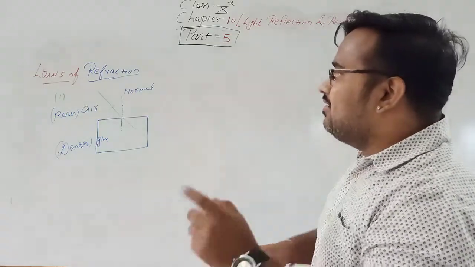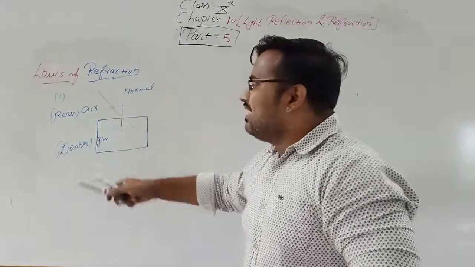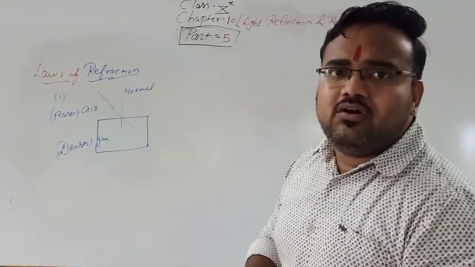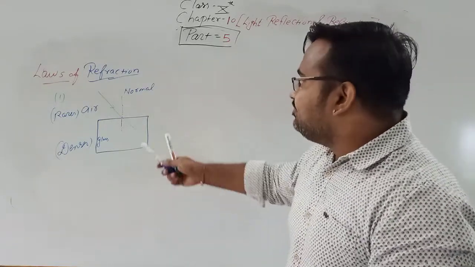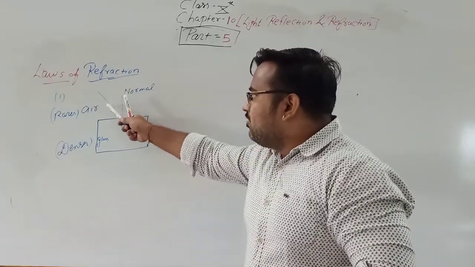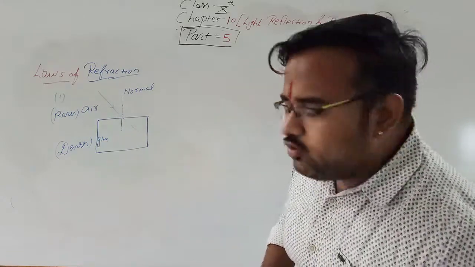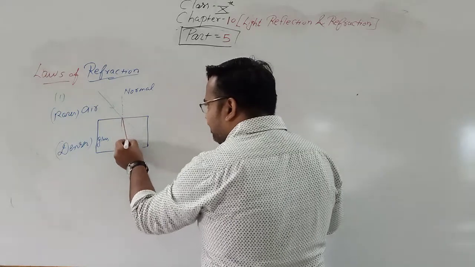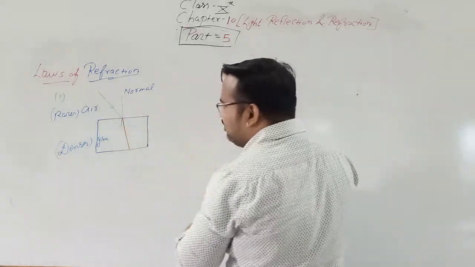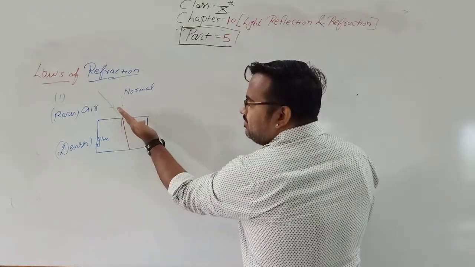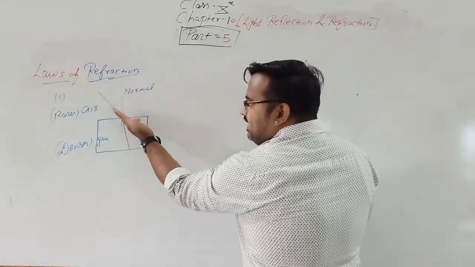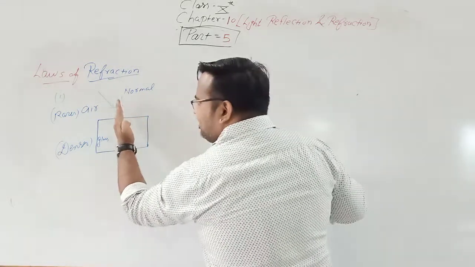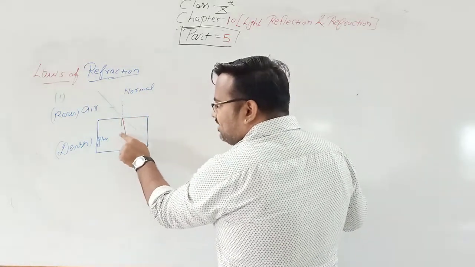But as the air is rare medium and glass is denser medium, the first law is: when light ray travels from rare to denser, it bends towards the normal. See how it will be bent? It will bend towards the normal. This is the original part, and the light ray is bent towards the normal.